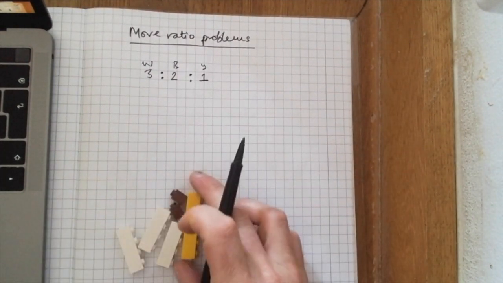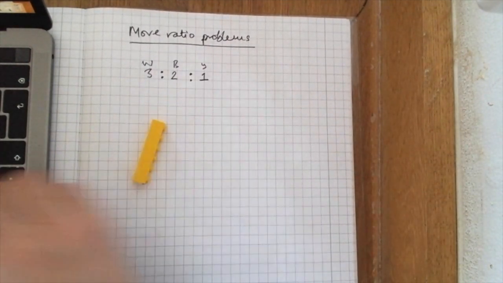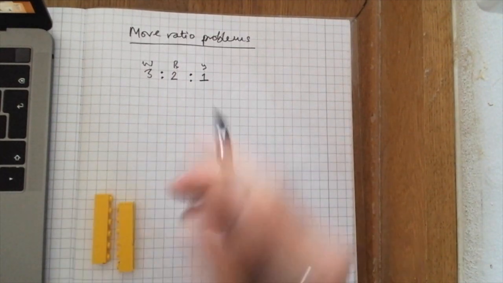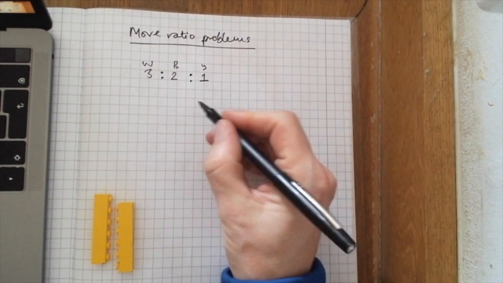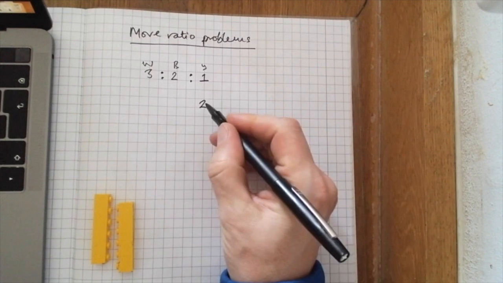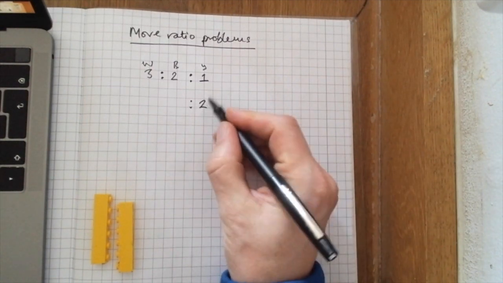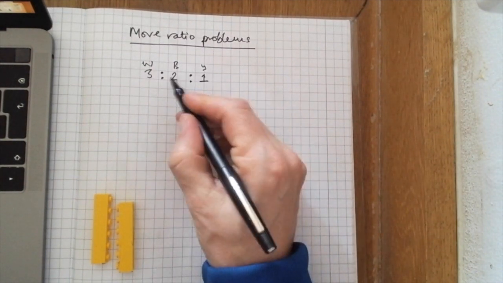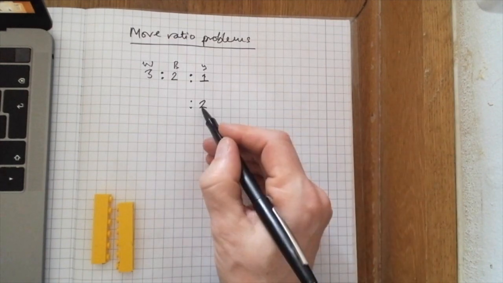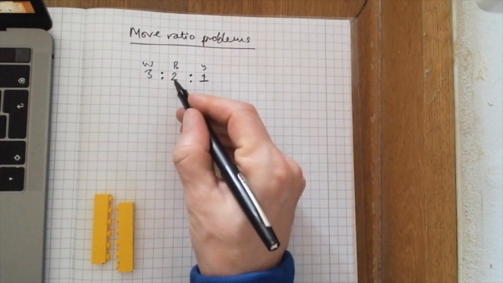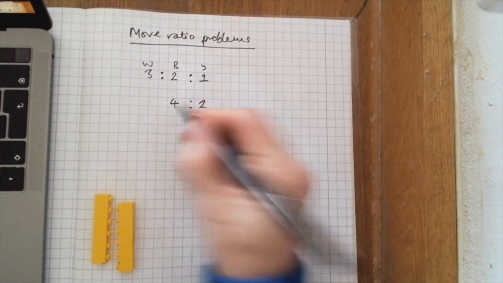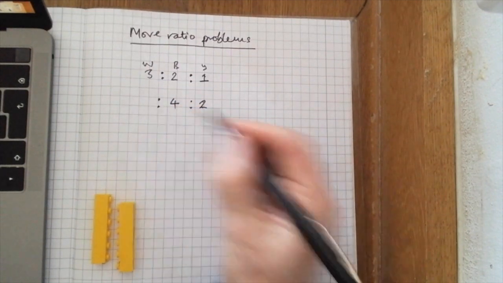So what if I said, right, I'm actually going to have 2 yellow blocks here. So if I've got 2 yellow blocks, then for every one of them, I need 2 brown. So it's going to be 2 times 2, and I would have 4 brown blocks.